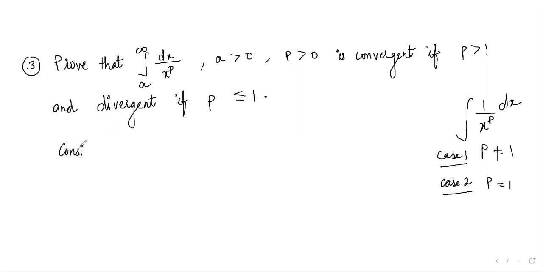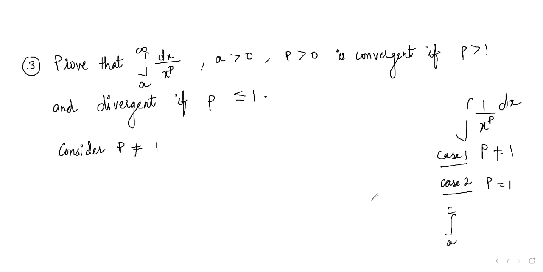Consider p not equal to 1. Now since the upper limit is infinity, the integral which we will be considering will be of this form. The limits will be from a to c. We need to change which limit?